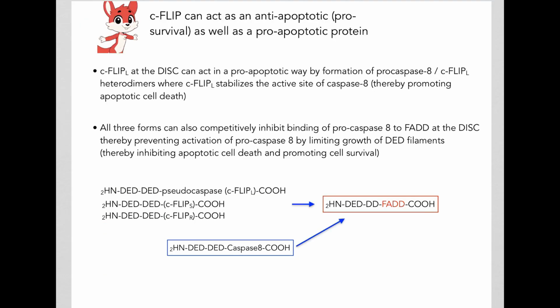Now it seems like C-FLIP can act as an anti-apoptotic protein that promotes cell survival, or it can act as a pro-apoptotic protein.